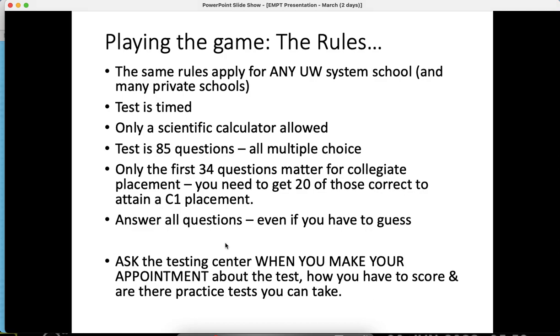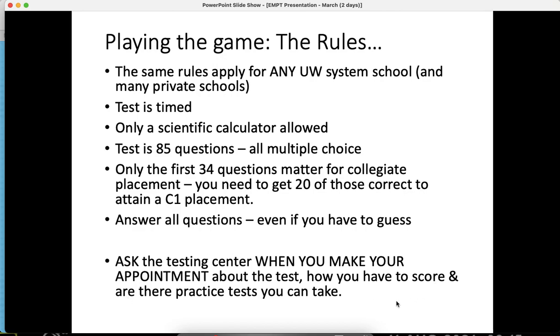The other thing is, you want to go in as an experienced consumer, so to speak, as you go into this placement test anywhere. So what you want to do is ask the testing center, when you make your appointment, about the test. Ask them if there's any practice available, what you have to score, maybe what you can bring in with you, how long it is.